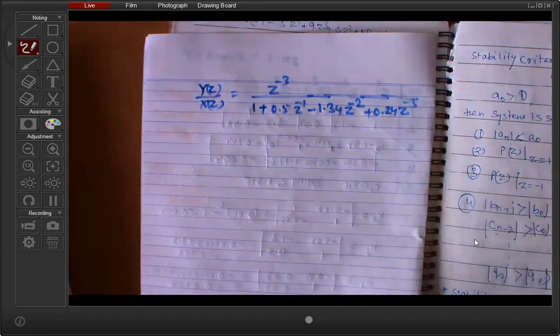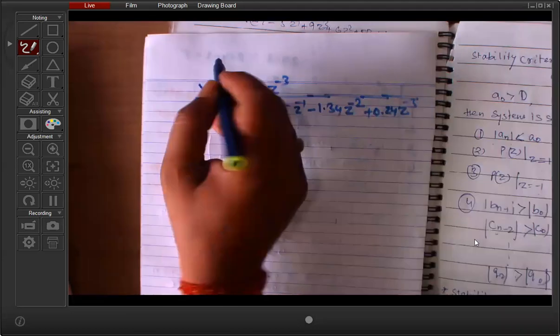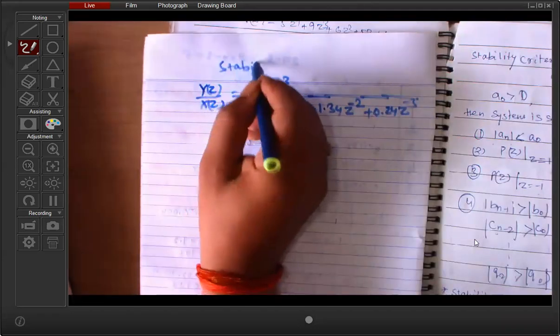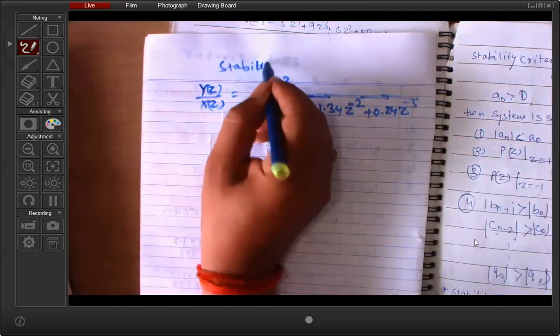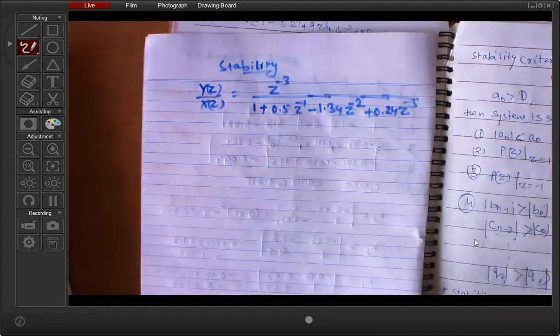Determine the stability of the given discrete system.